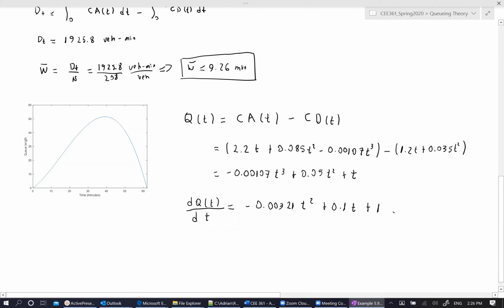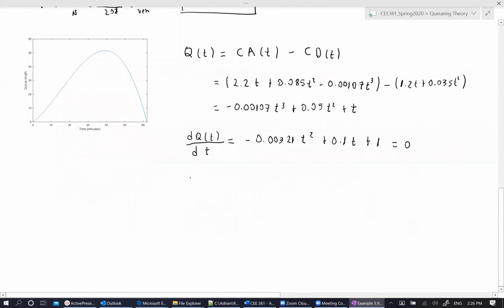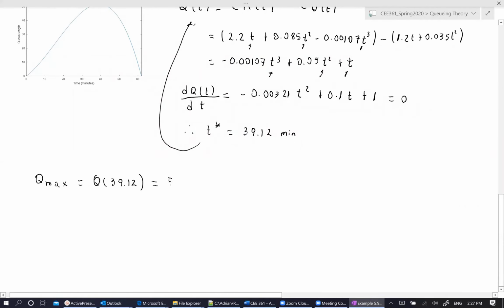If we make the first derivative equal to 0, we find the condition for a maximum. So in this case, we get that t star is 39.12 minutes. And if we put this value into our Q equation, we get that Q maximum is 51.6 vehicles.